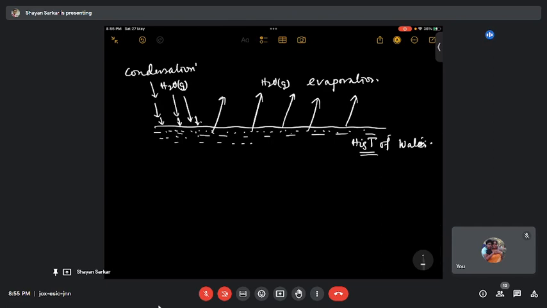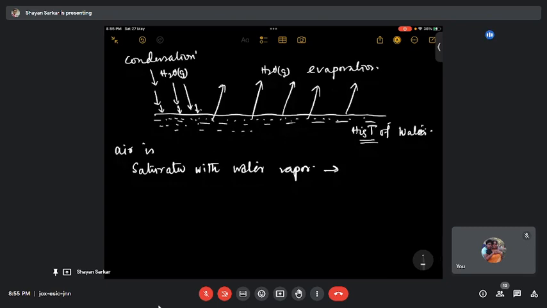So what is the condition is saturation, or when we can say that saturated with water vapor. Suppose we are telling that air is saturated with water vapor.